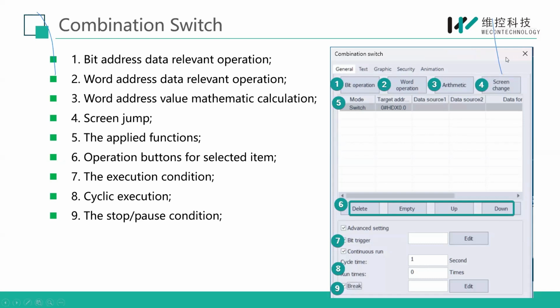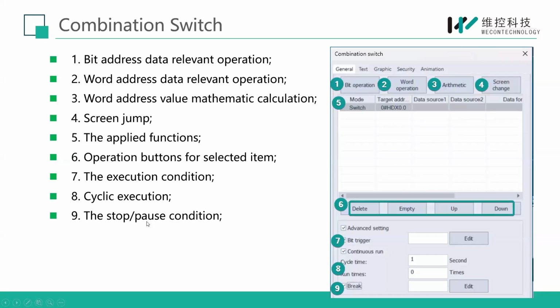If you want to use this combination switch with any bit trigger operation, you can set the condition for it. And cyclic execution will be used according to the cyclic interval. Okay, you can set your interval here to execute these functions.